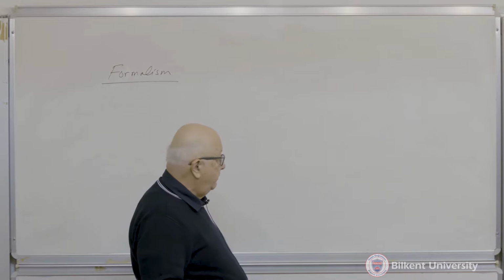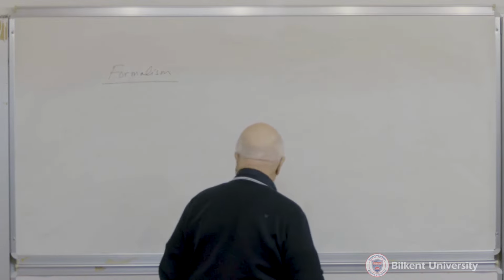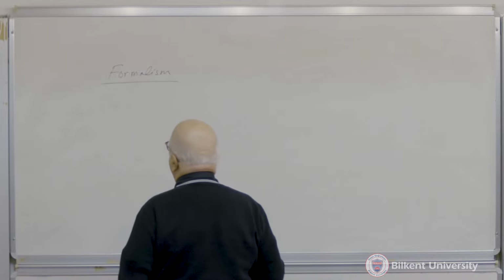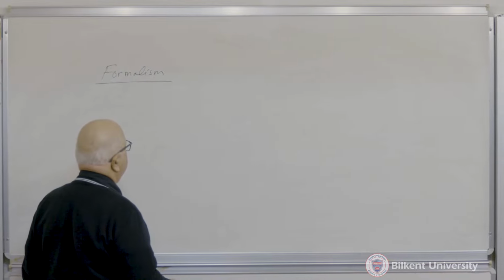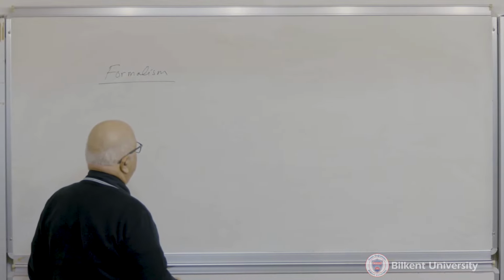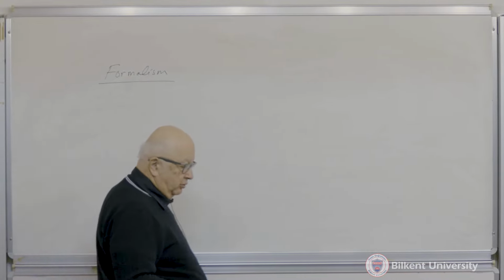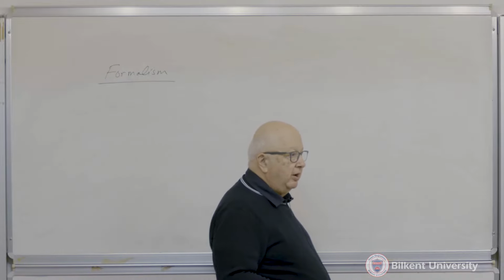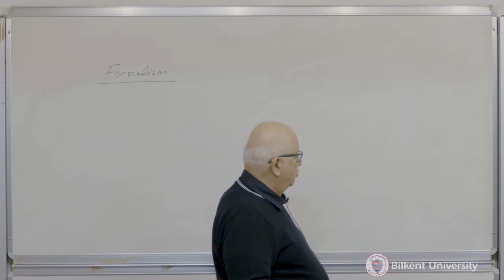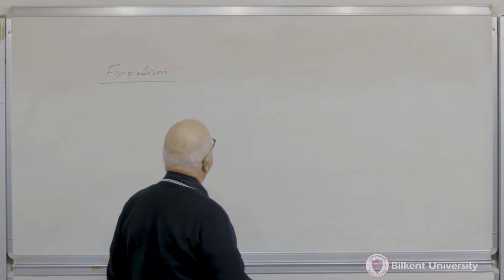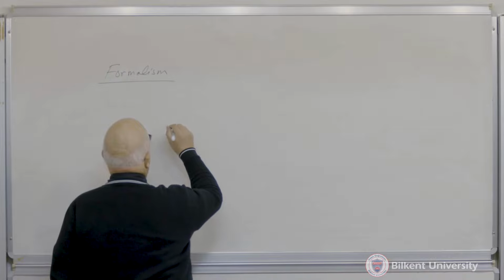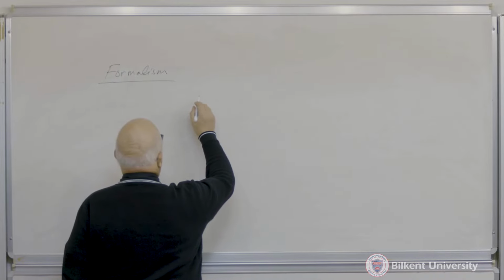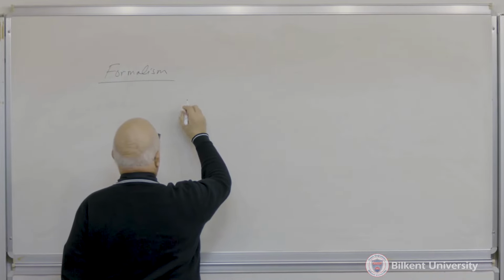Okay, so what do we have? We have a set of objects which we call the wave functions, and then we also have operators. I'll use the letters f and g for them.